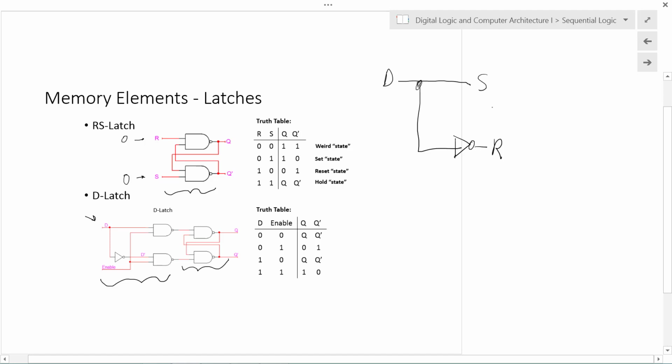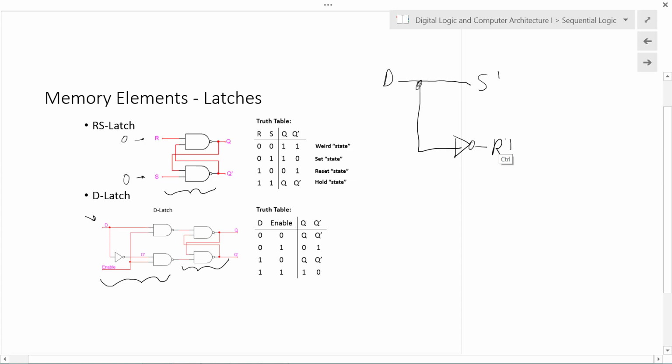Now the S or R signal, when we develop these, must be equal to 0 and 1 or 1 and 0 when we wish to set the state of our latch. If we wish to not set the value and have it hold its state, they must both be 1.